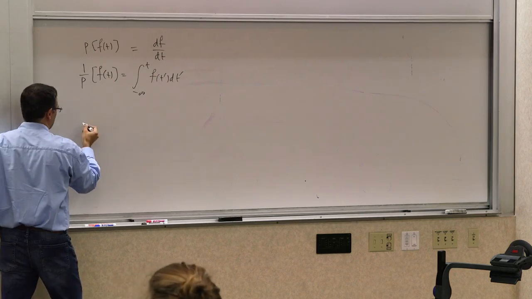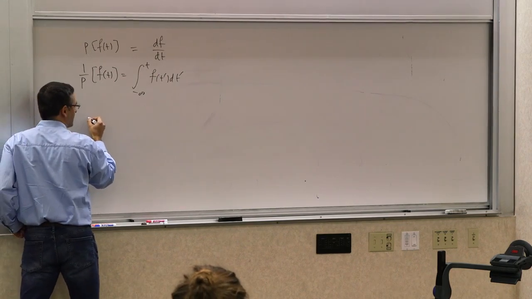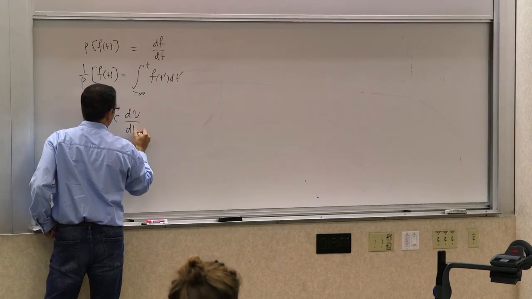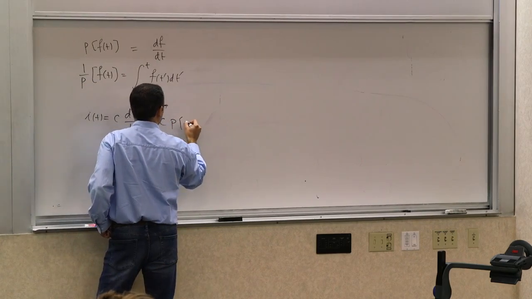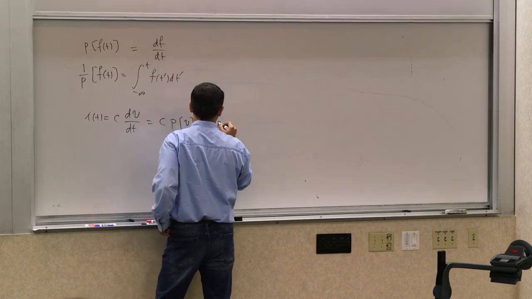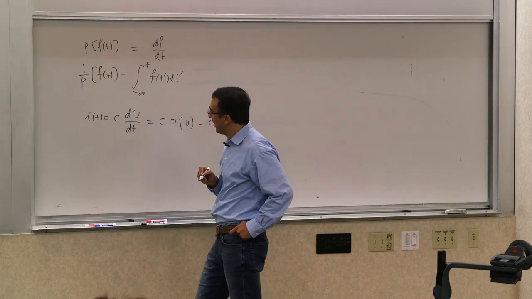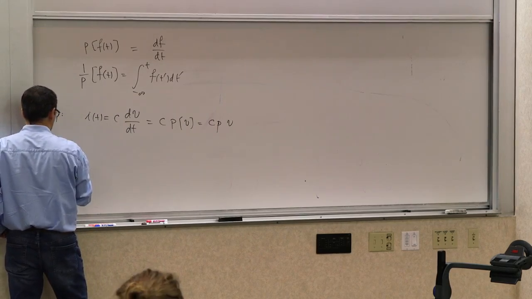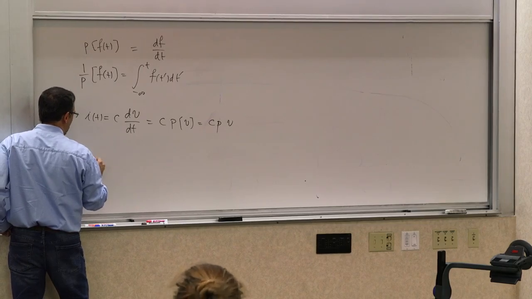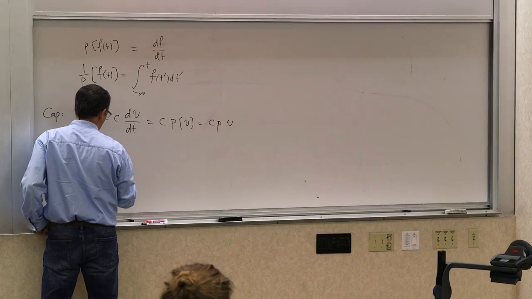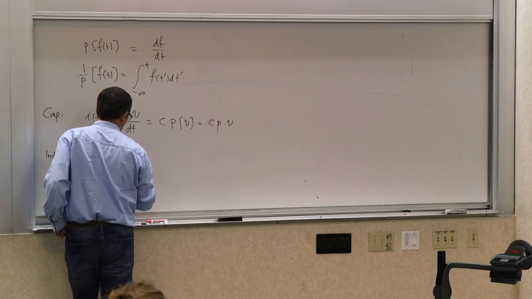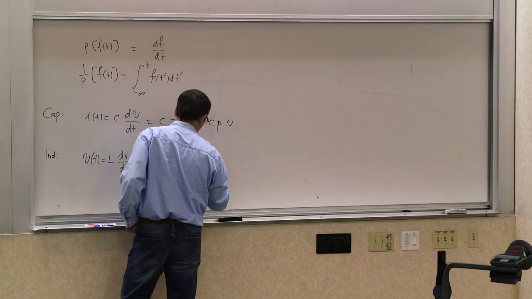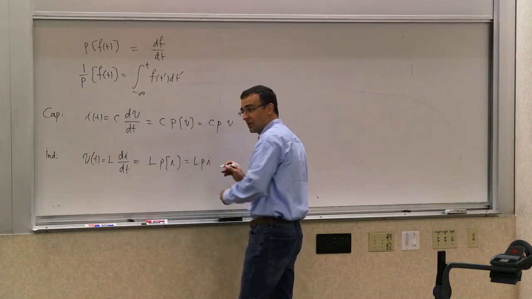For example, in an LTI capacitor the current I of t is C dV dt, which we could write as C P of V, or in a more compact form, C P V. Or similarly, in an inductor, we know that V of t is L di dt, which you can write as L P of I, or LPI for short. Now, the operator is applied from left to right, so you have to be careful about that order.